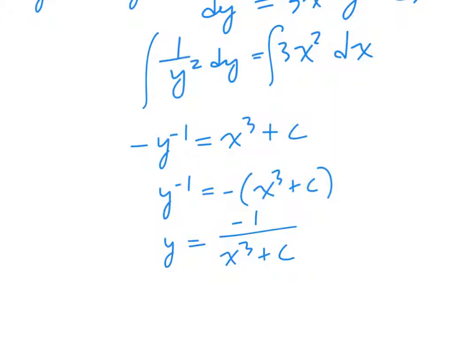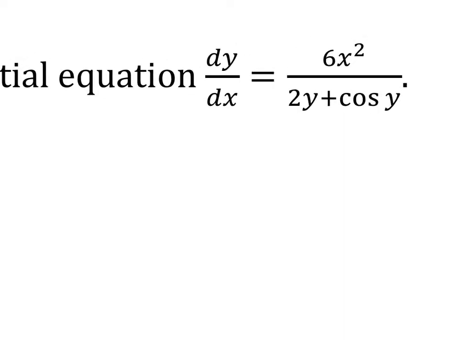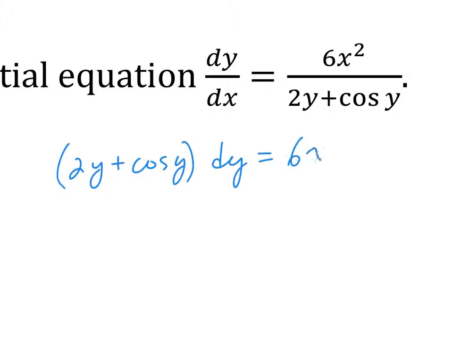Let's try another one with sine and cosine. Try this one. So this is going to be 2y plus cosine y dy is equal to 6x squared dx. And then take the integral.